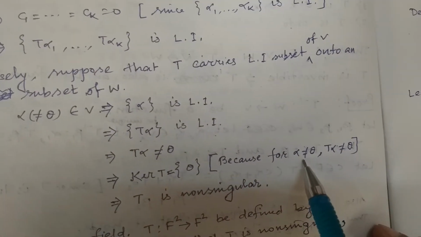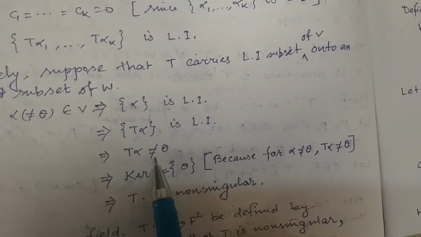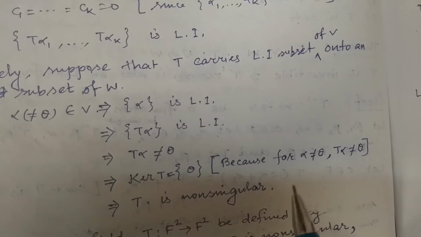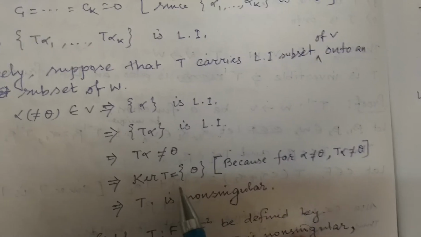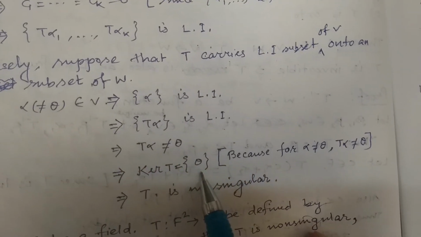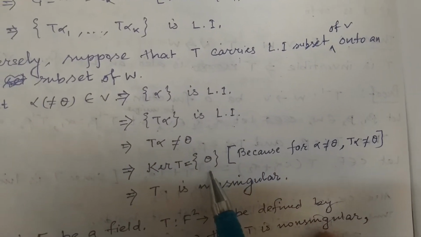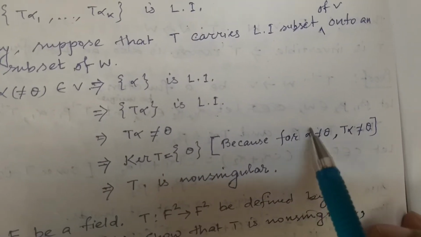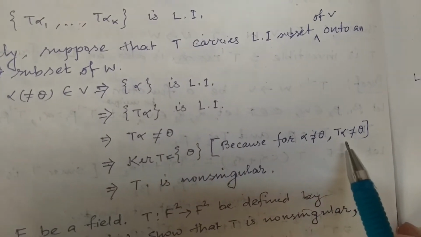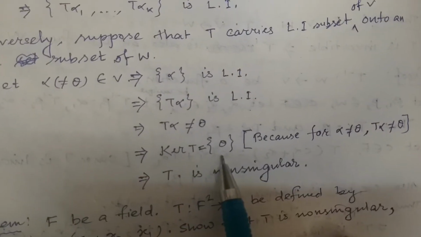Now, alpha not equal to theta implies T alpha not equal to theta. That means ker T will contain only the element theta, because there is no non-null element such that T alpha equals theta.